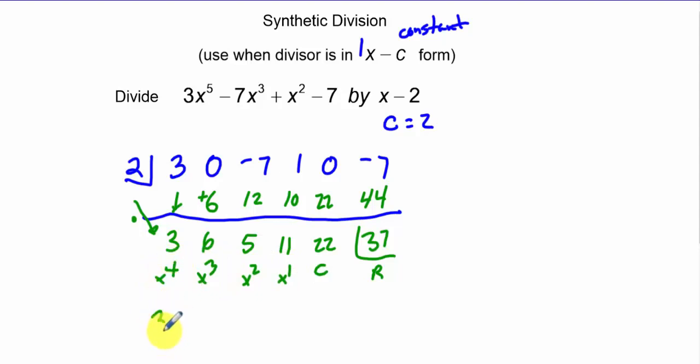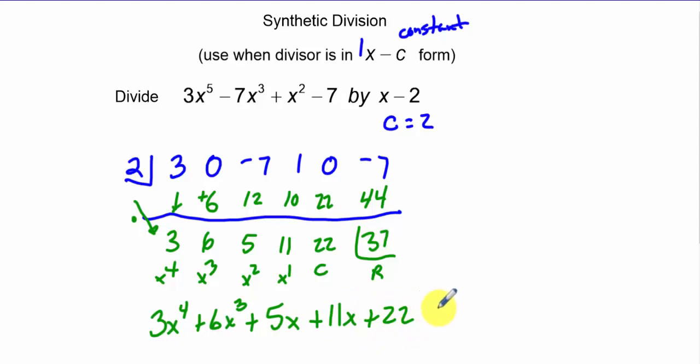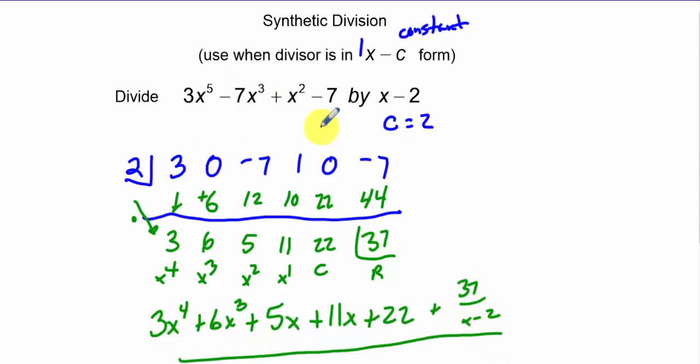So our answer in this case is going to be 3x to the fourth plus 6x cubed plus 5x squared plus 11x plus 22 plus 37 over x minus 2, which is always going to go a heck of a lot quicker than doing long division on something like that.